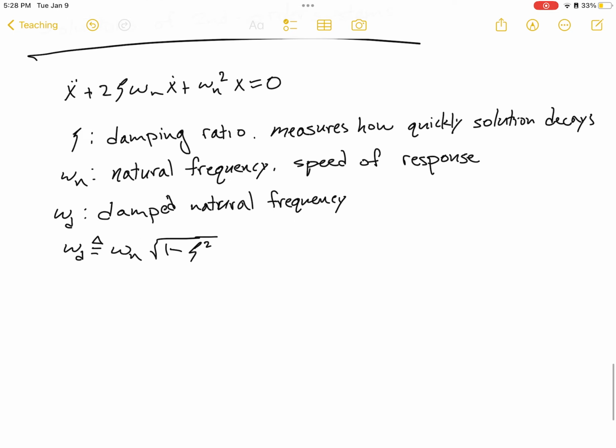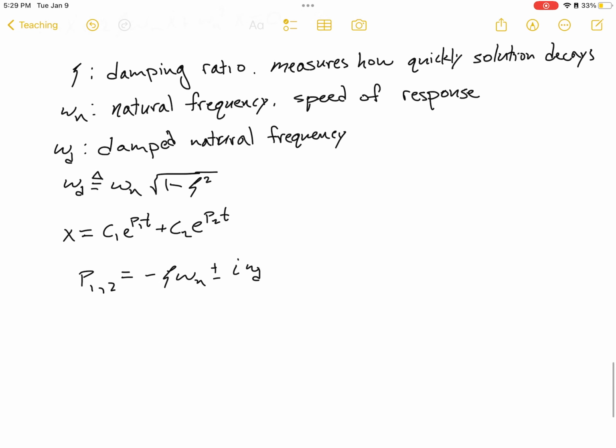And the solution to these differential equations, or to these second order systems, is x equals c1 e to the p1t plus c2 e to the p2t, where p1 and p2 equal minus zeta omega n plus or minus I times omega d.